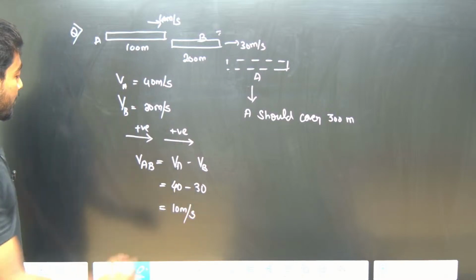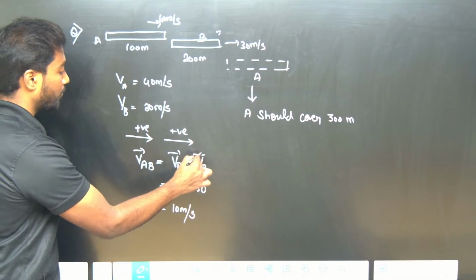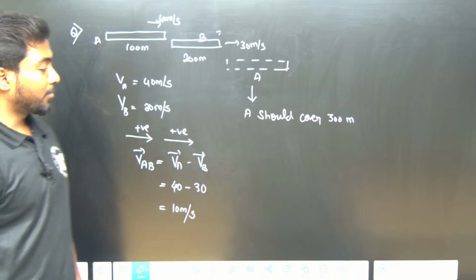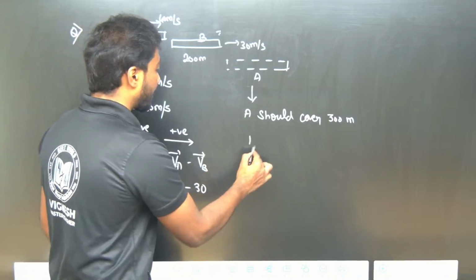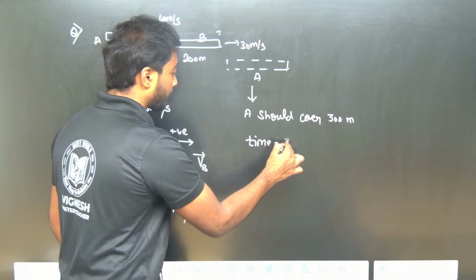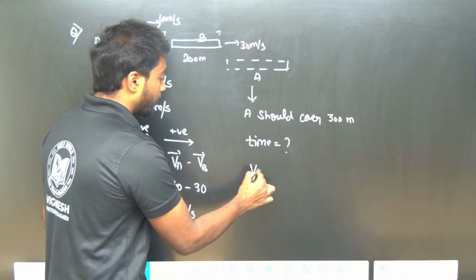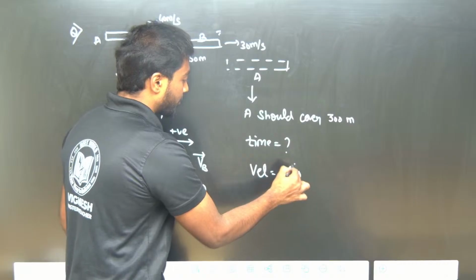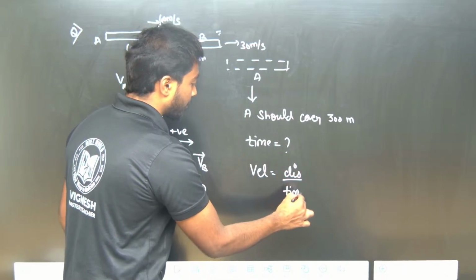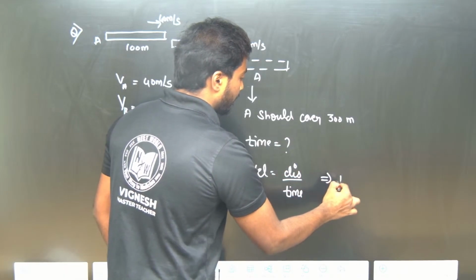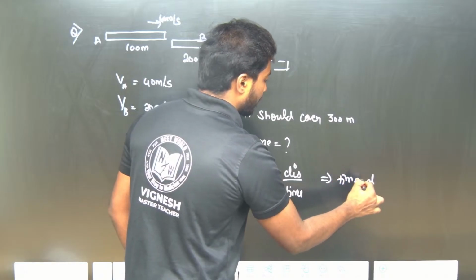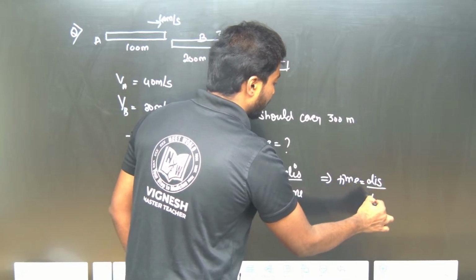So, we know the velocity now. What are they asking? Time. We know that velocity is displacement by time, so time is displacement by velocity.